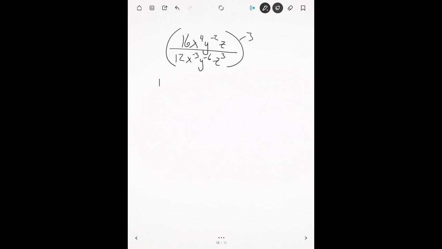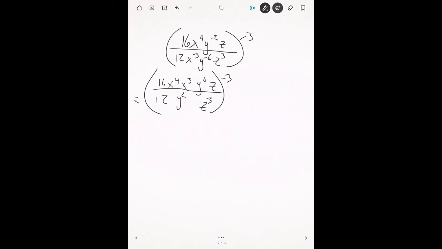So I'm going to take 16, x to the fourth, a 12. I'm going to move the x to the third up. I'm going to move the y squared down. Oops, the y squared. I'm going to move the y to the 6 up. The z to the first stays, and the z to the third stays. So this should be what I get when I start moving some things around inside of the parentheses.